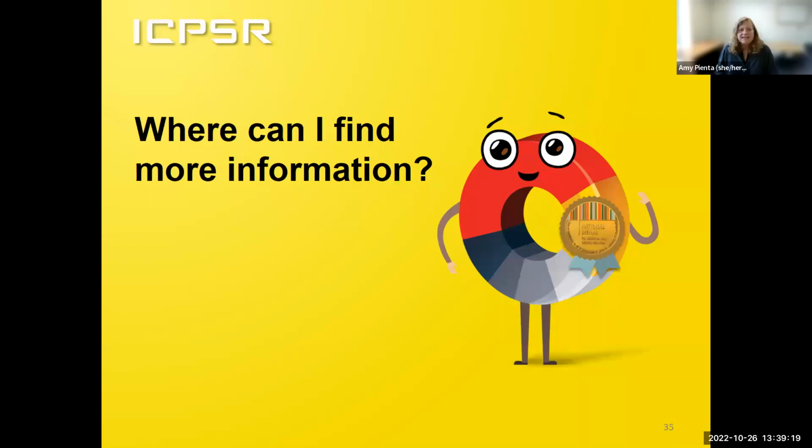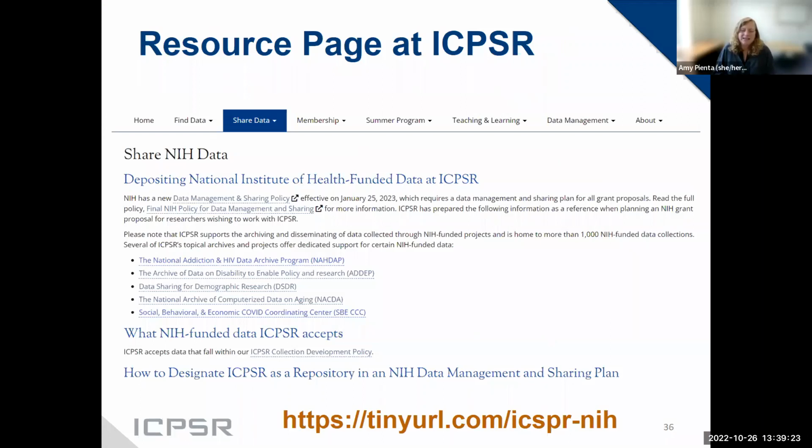So I want to end with where you can find more information on the work that we're doing at ICPSR and making a determination on designating ICPSR in a data management and sharing plan that you might be putting together. We have a resource page at ICPSR, so the tiny URL ends in ICPSR-NIH.